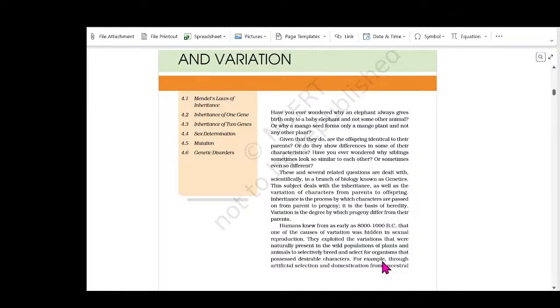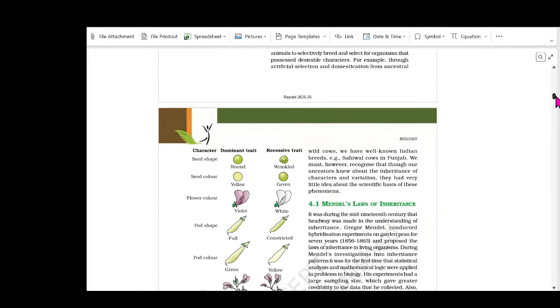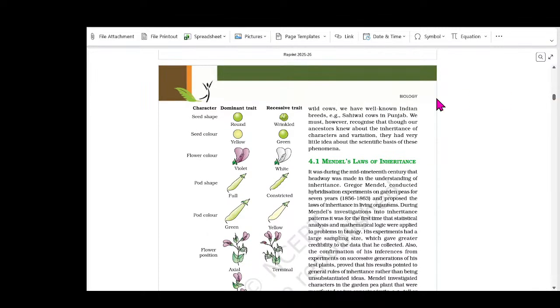For example, through artificial selection, domestication from ancestral wild cows, we have well-known Indian breeds, example Sahiwal cows in Punjab. We must, however, recognize that though our ancestors knew about the inheritance of characters and variation, they had very little idea about the scientific basis of these phenomena.